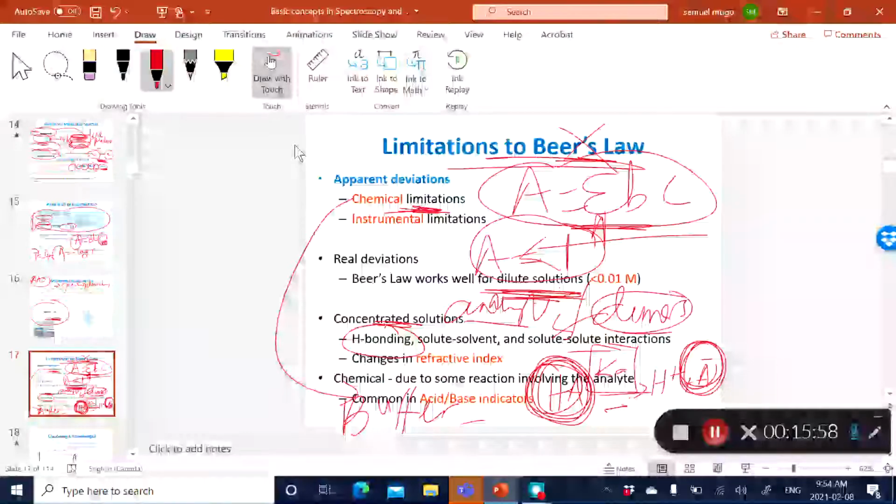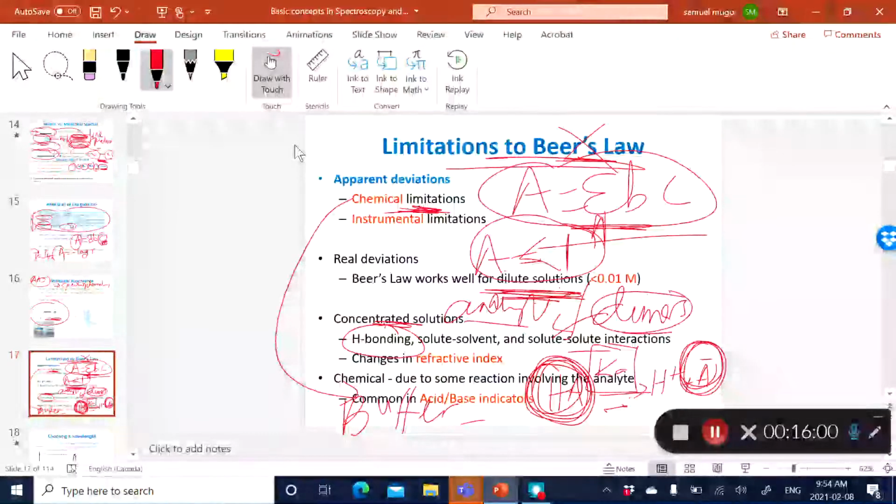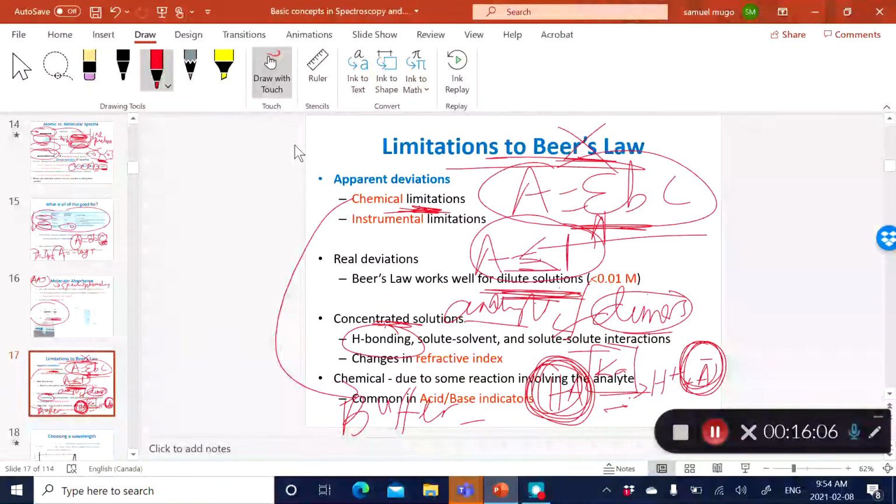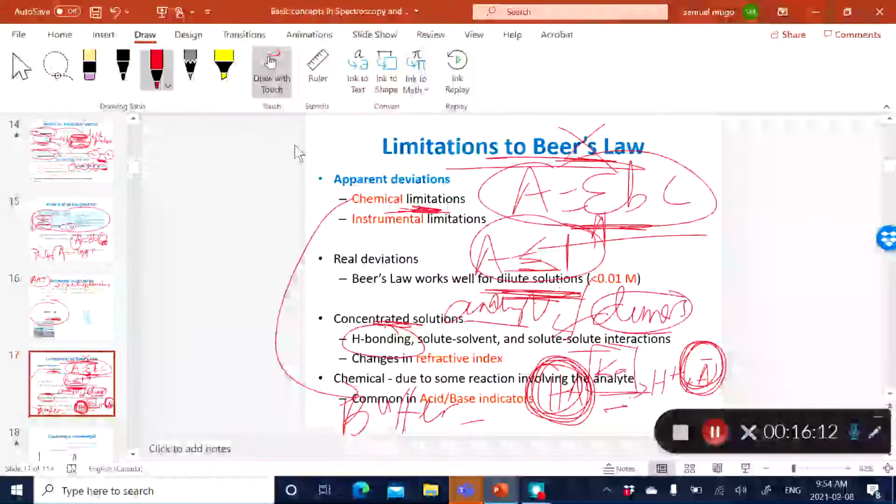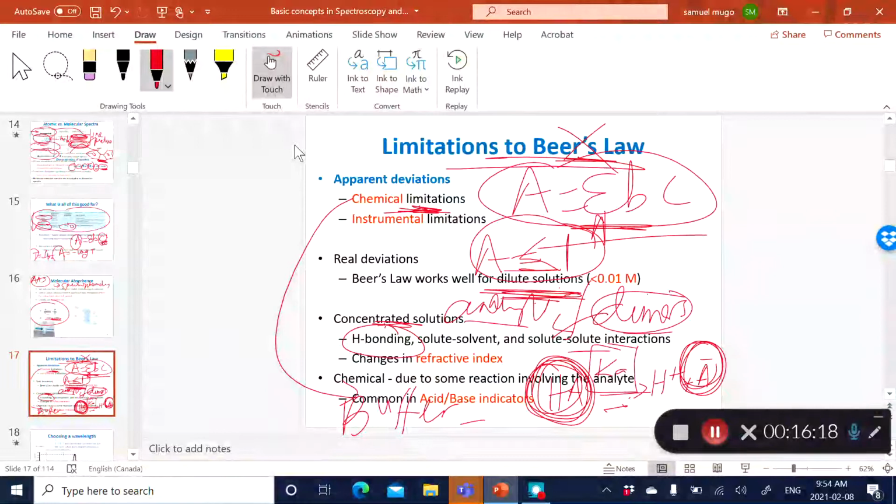So you need, of course, a dilute concentration, absorbance less than 1, anytime you're doing absorption spectroscopy. And you guys remember that's why, if the absorbance was greater than 1, we had to do a dilution. You had to dilute the sample for us to be able to use this type of technique.